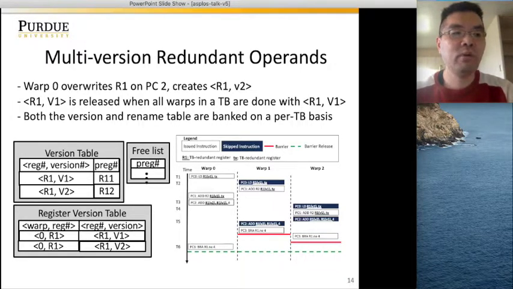At T4, warp 0 reaches PC0, skips the instruction, then executes PC1 using the old version 1 of R1.